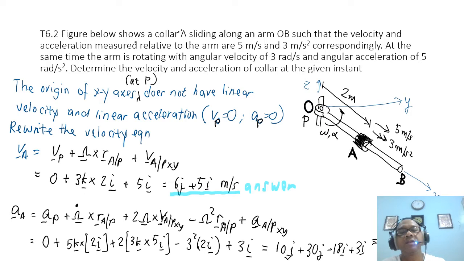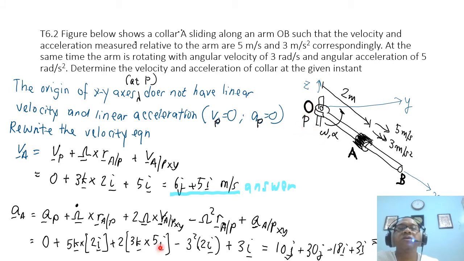You've got this arm OB and a slider sliding along it, such that the velocity and acceleration measured relative to the arm are 5 meter per second and 3 meter per second squared correspondingly. At the same time, the arm is rotating with angular velocity of 3 radian per second and angular acceleration of 5 radian per second squared. Determine the velocity and acceleration of the collar at the given instant.